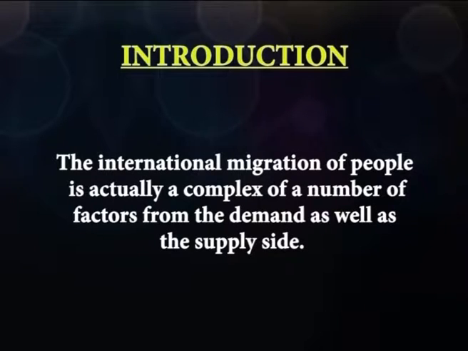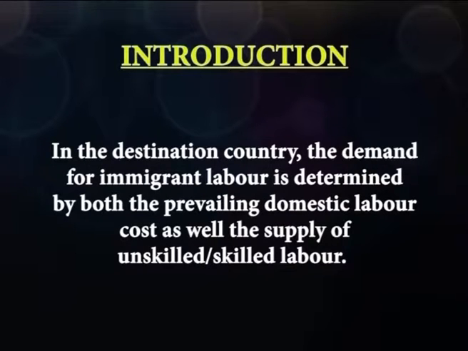The international migration of people is actually a complex of a number of factors from the demand as well as the supply side. In the destination country, the demand for immigrant labor is determined by both the prevailing domestic labor cost as well as the supply of unskilled and skilled labor.